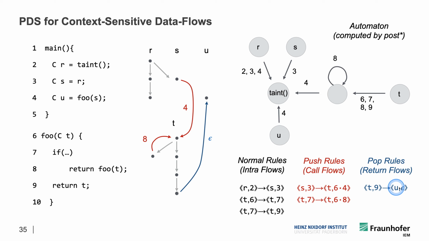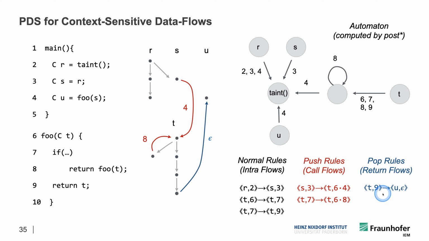And we have pop rules, right? So we have return flows. So here, for instance, we have a pop rule that is assigning T from line 9 here to a variable u up here. And actually, this is not quite sufficient.